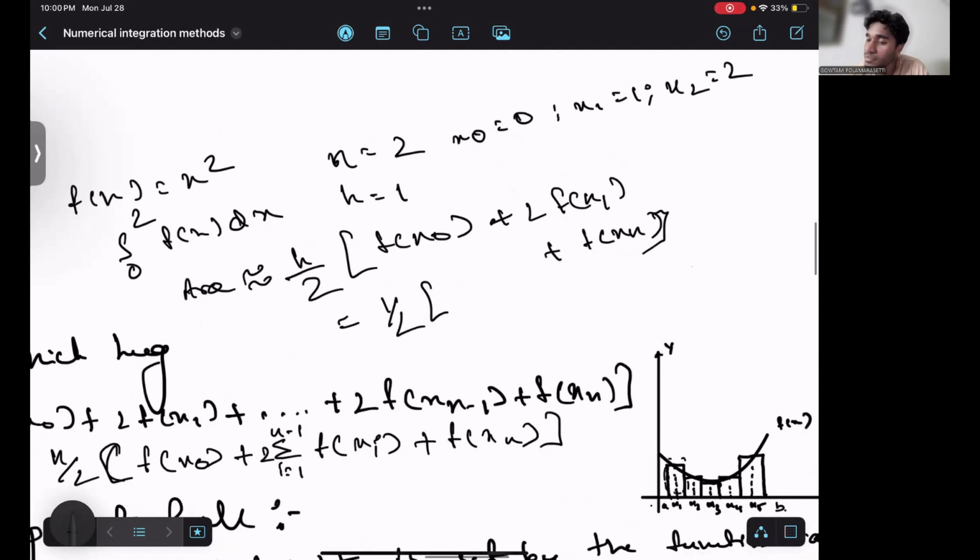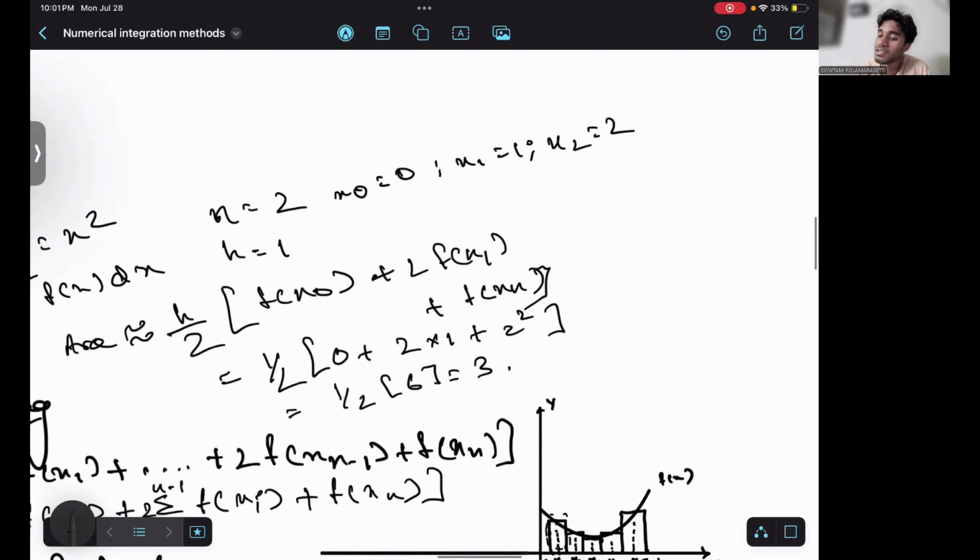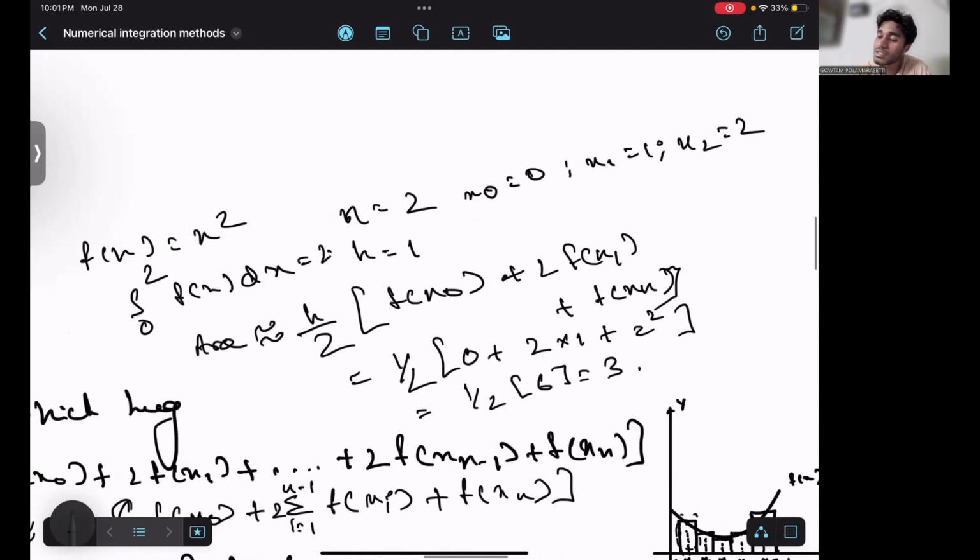So 1 by 2 of f of x0 will be 0 squared, which is equal to 0, and 2 into 1 squared is equal to 2, and 2 squared is 4. So we can write this as 1 by 2 of 6, which is equal to 3. But the actual value of the function is equal to 2 point, this is equal to 2.666.